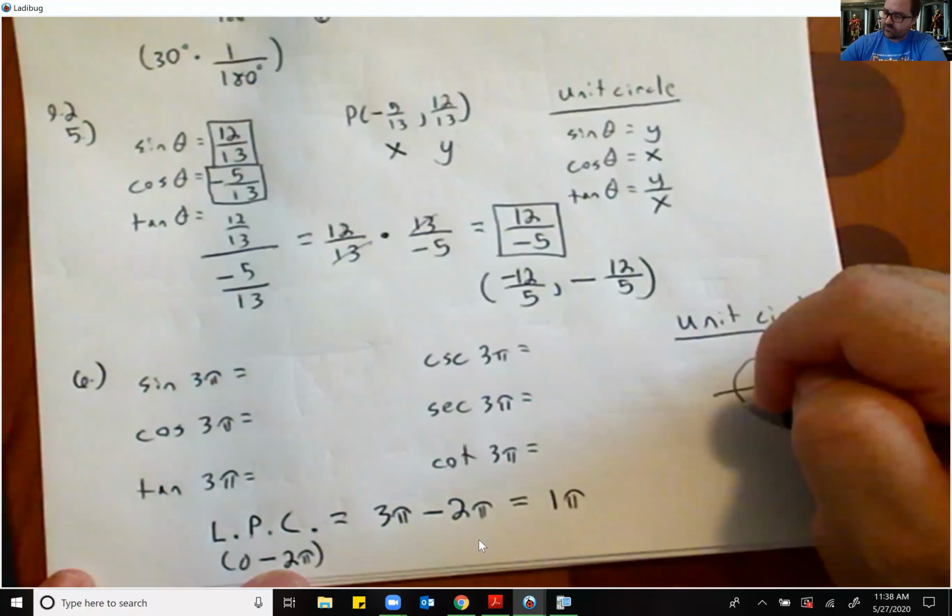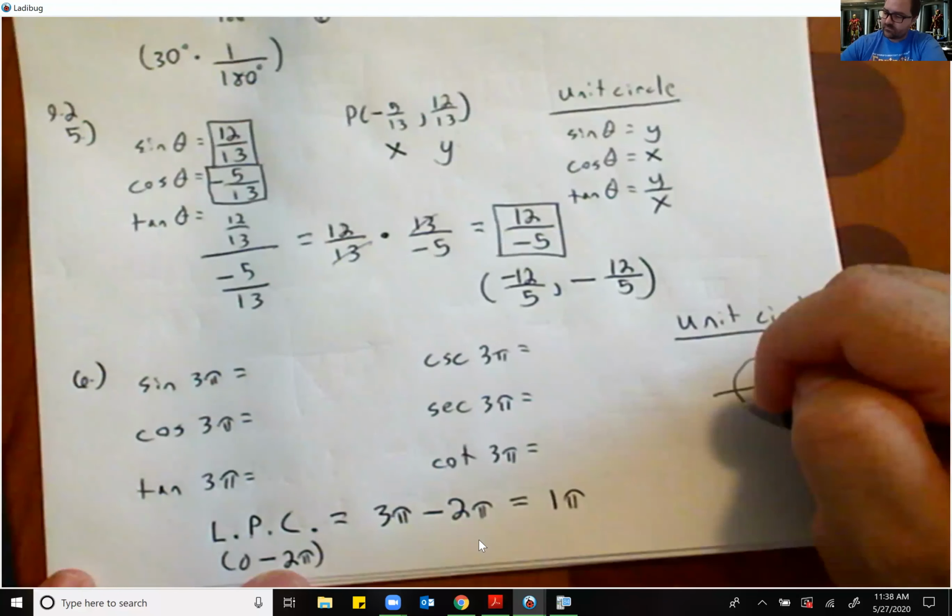So tangent alpha equals, as we said, 12 over 5. Cosecant alpha, we said, is the reciprocal of sine, so all we've got to do is flip this upside down. It's still negative, but this time it's 13 over 12. There you go.